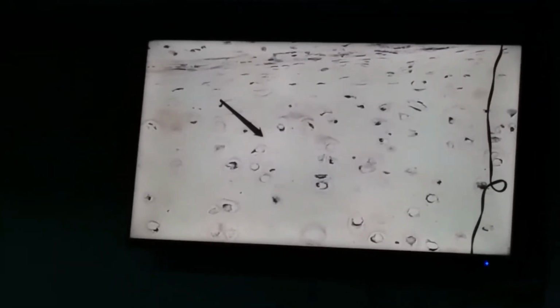These are your chondrocytes or cartilage cells. Okay, chondrocytes or cartilage cells. And this is the whole tracheal cartilage. And this is your chondrocytes or your cartilage cells.